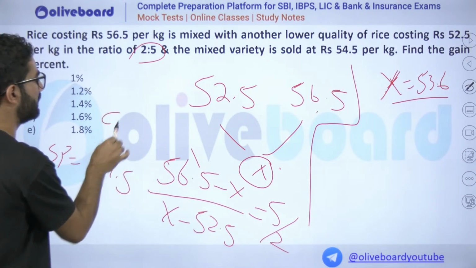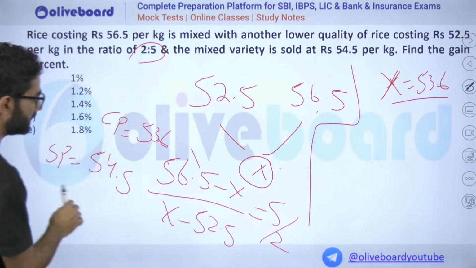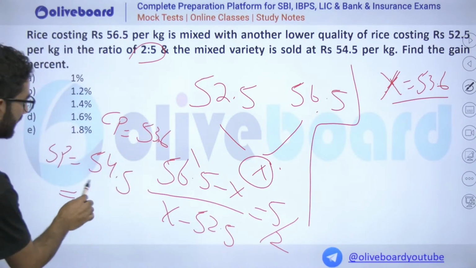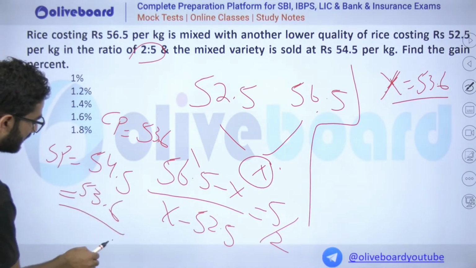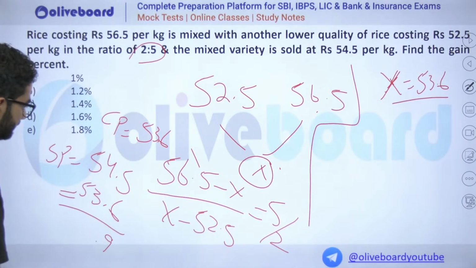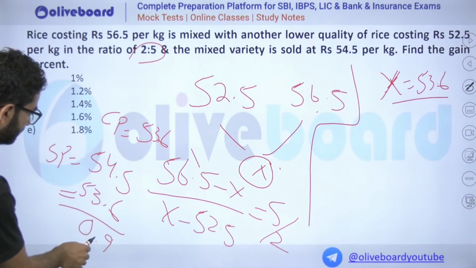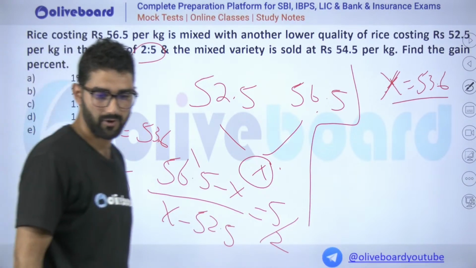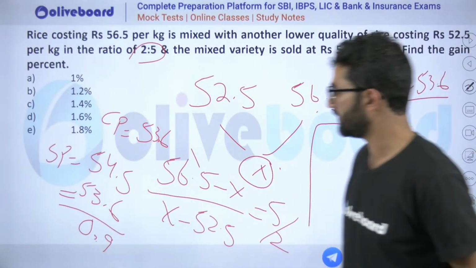There should be a profit. Why? The selling price is greater than 53.6. How much greater? So 53.6 is the cost price, and the profit is 0.9.